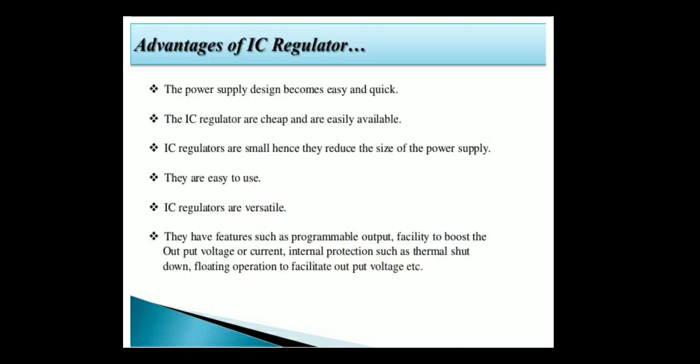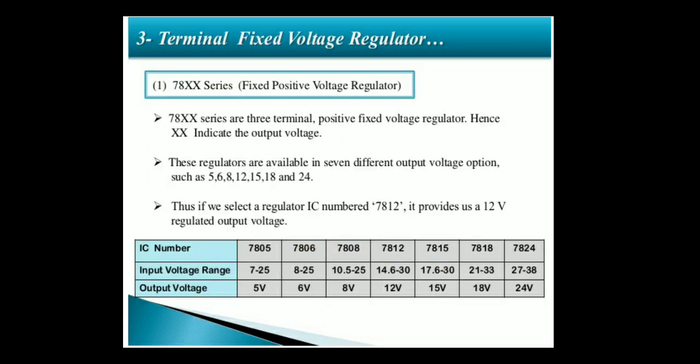Now, advantages of IC regulator include it is cheap and easily available, easy to use, and versatile in operations. Next, we have the fixed series in this voltage regulator, which is the 78XX series and 79XX series.